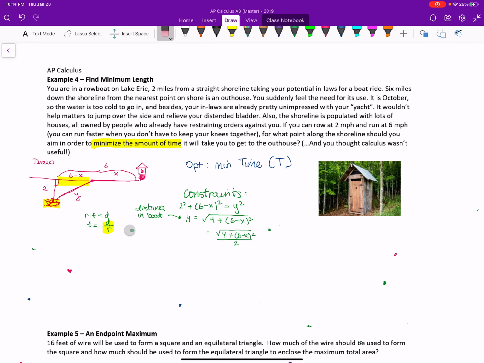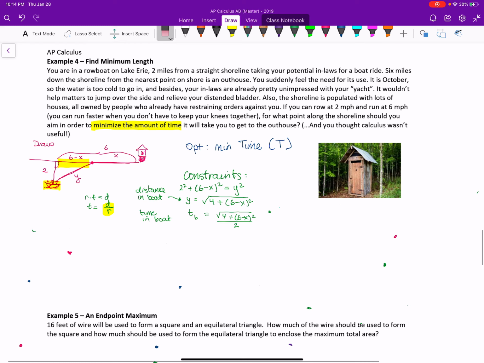So the time in the boat, which I called T sub B for boat, is equal to whatever the distance is in terms of x, the length of y. And I used the Pythagorean theorem to get there, right? Because we have a right triangle over here. That's up here where I used the Pythagorean theorem, and I used this triangle that I'm highlighting in blue there to create that, which allowed me to solve for y.